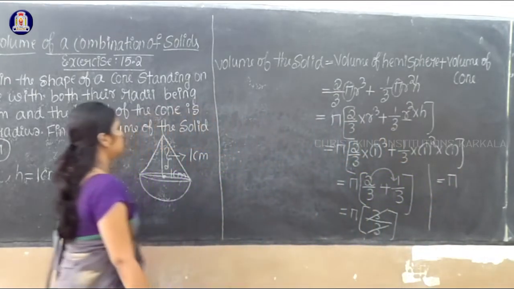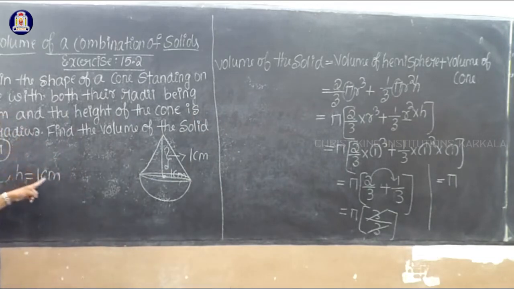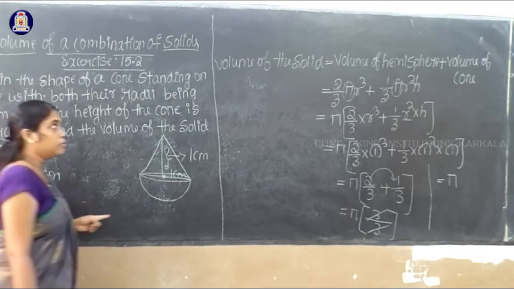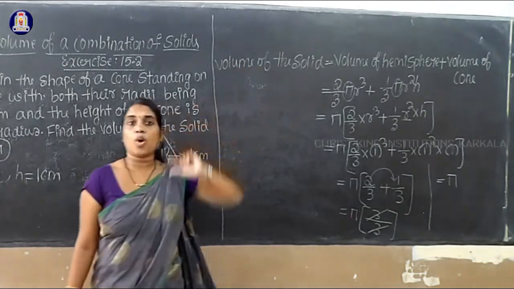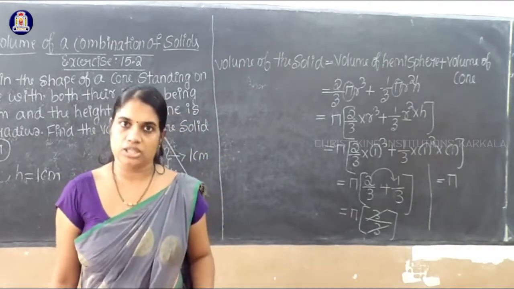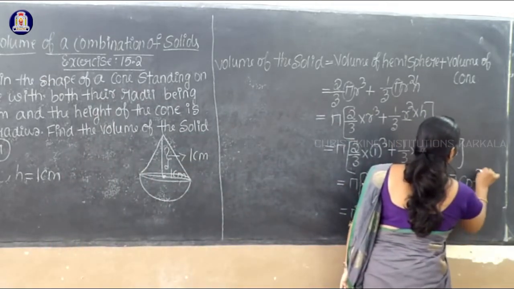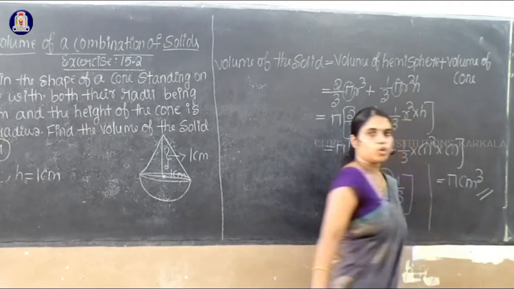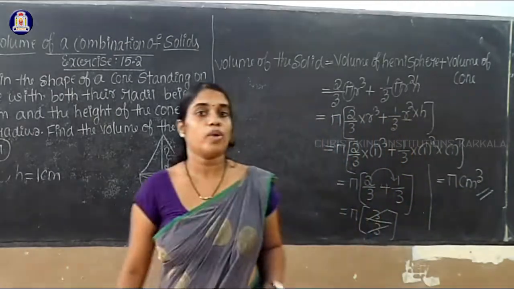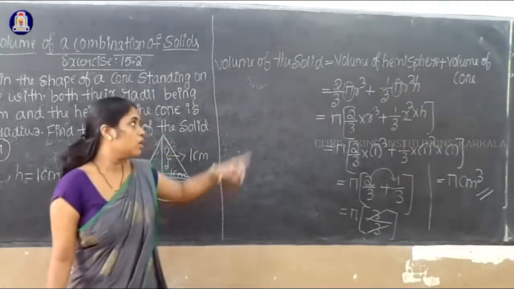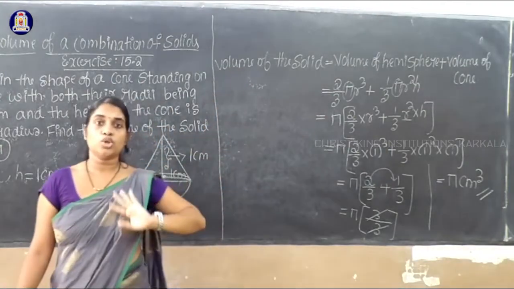What is the unit here? They have given the values in terms of centimeter. So therefore remember the unit of a volume is a cubic unit. Centimeter cube, because the unit for the volume is in cubic unit.